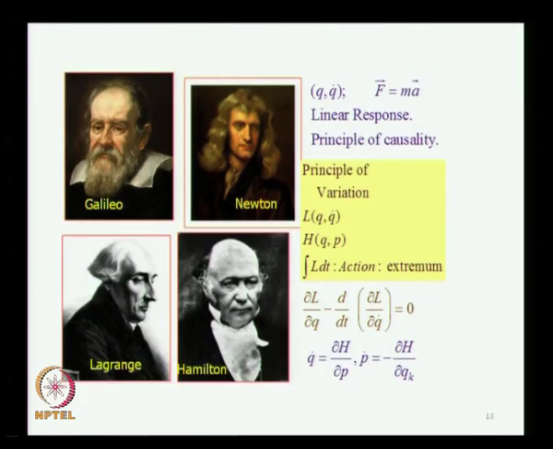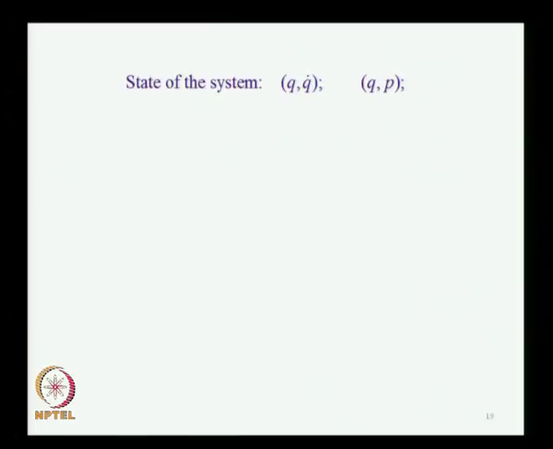Now, in these schemes, in classical mechanics, the central idea is the following, that the state of the system is described by position and velocity, q and q dot, or alternatively by position and momentum, q and p. Okay, this is the heart of classical mechanics, and then its evolution is described by how this state evolves with time.